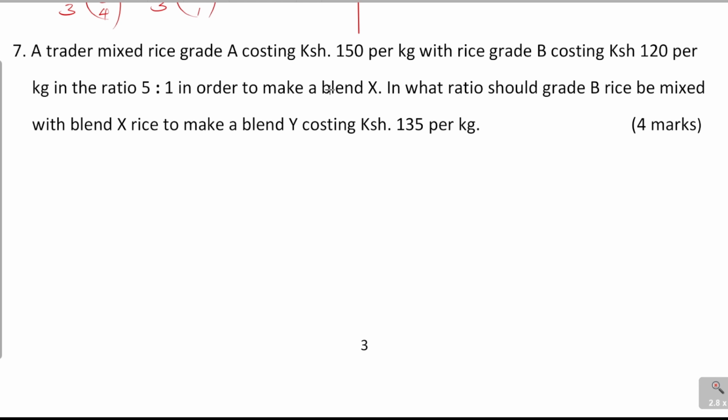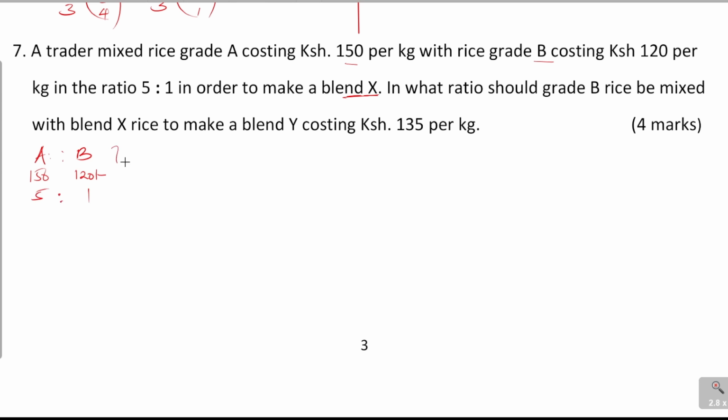the cost price of 1 kg of blend X. So the trader mixed grade A that costs 150 per kg with grade B costing 120 per kg in the ratio 5:1.